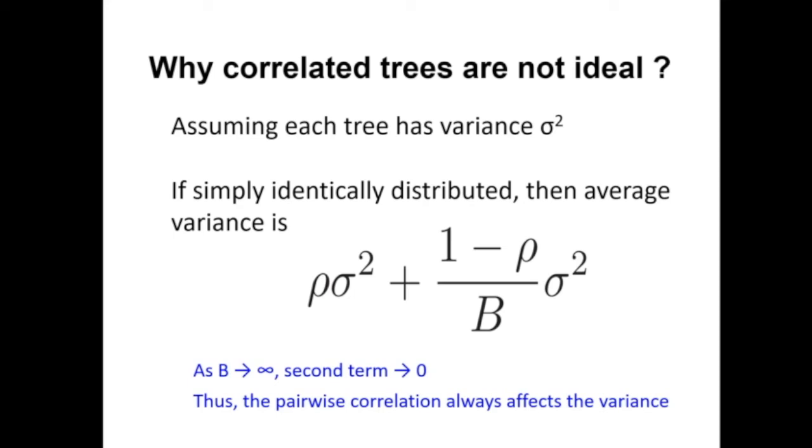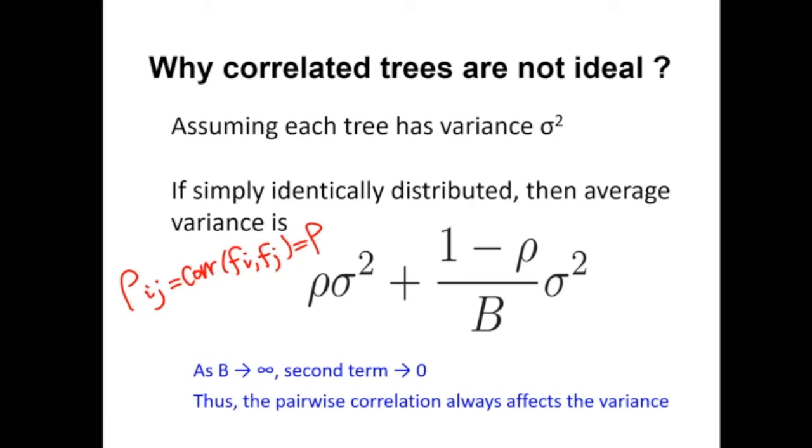But let's just assume all the possible rho ij, meaning the correlation among fi and fj, all equal rho. And then this is the variance of f, if you assume f equals 1 over B times a summation of f_i(x).